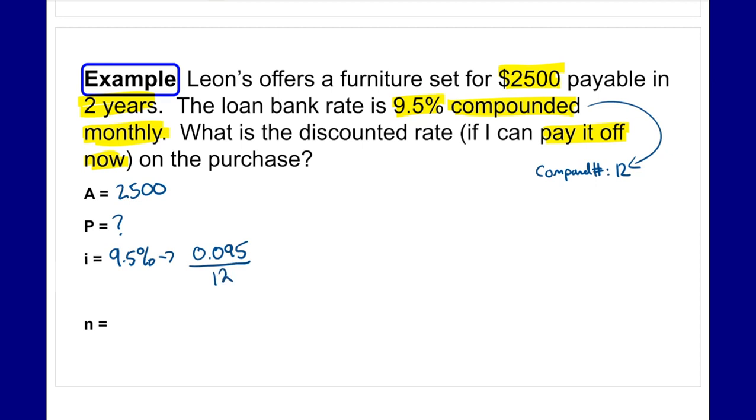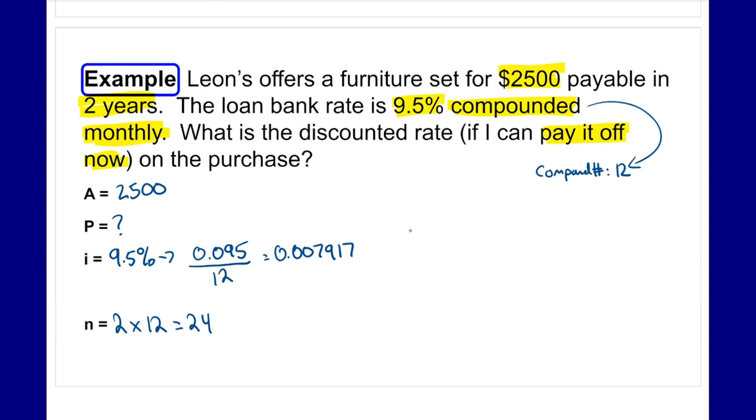So 0.095 divided by 12 gives 0.007917, which is rounded. And then our end value is 2 years times the compounding period, which is 12. So 24 compounding periods in total over this 2-year term.